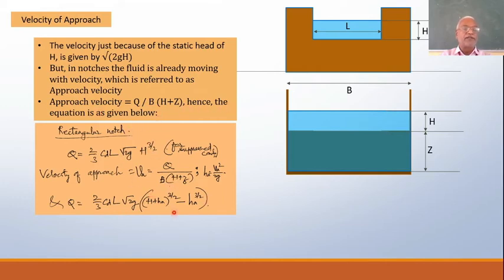Already we have seen this: H plus HA raised to 3 by 2 minus HA raised to 3 by 2. So head has to vary from HA to H plus HA. That's how this equation is. So whenever velocity of approach has to be considered, this would be the equation. But how to actually use this in analyzing the situation, we'll see in one of the numerical problems.